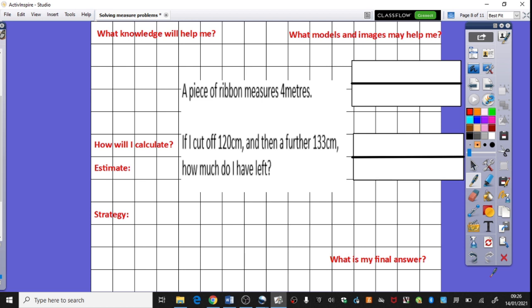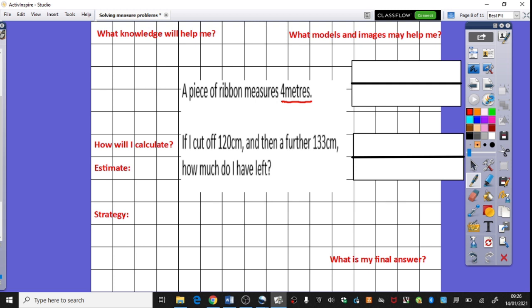The first way we can think about this question is almost physically how it would be done if we actually did have to cut off the ribbon and then cut off even more ribbon. So the question starts with a piece of ribbon measures 4 meters.